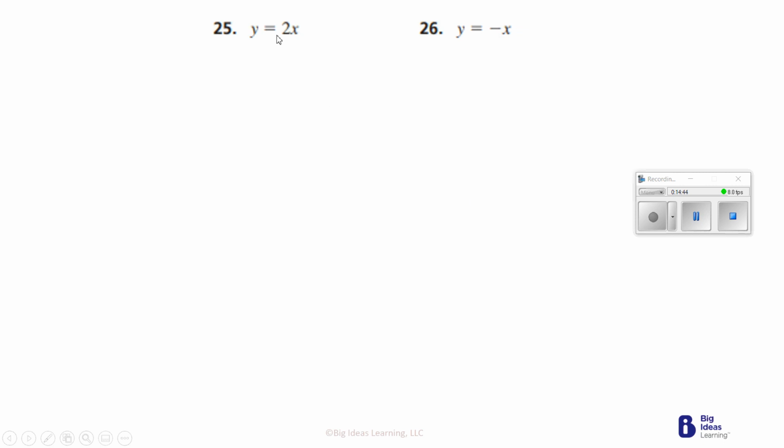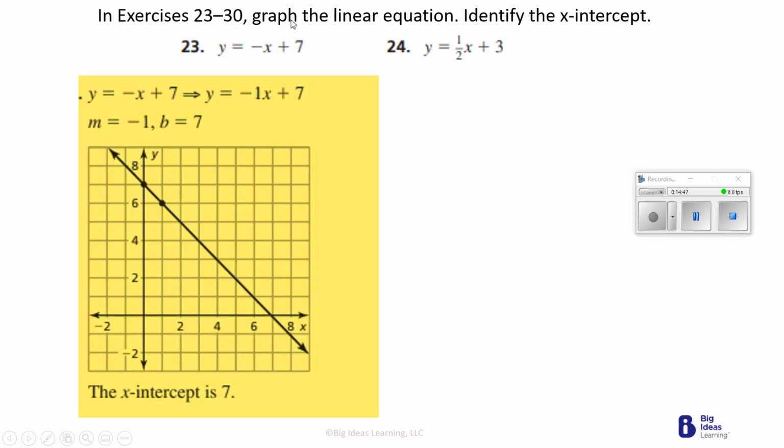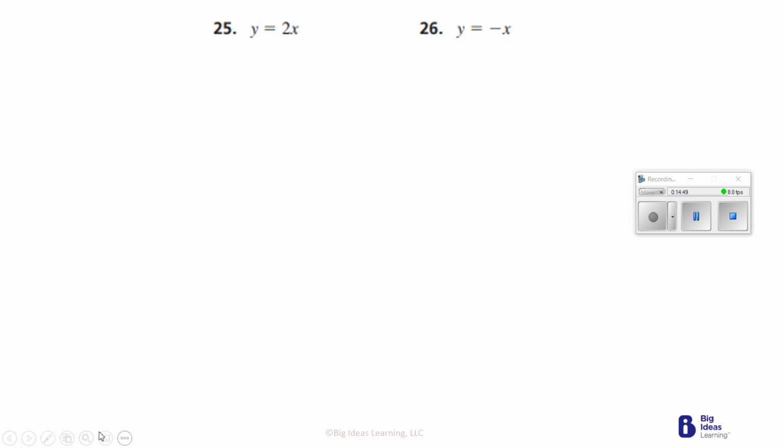25 is mine. If once again I'm graphing this linear equation, I have y equals 2x. That means I have y equals 2x plus 0. So if I'm going to make a graph here, I start at 0, right? And then it would be a positive slope of 2.